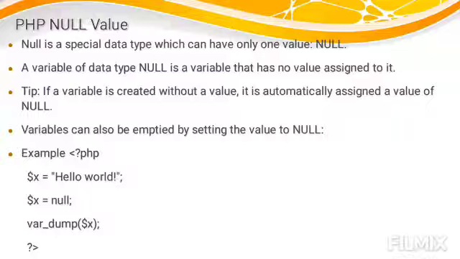A variable can also be emptied by setting its value to null. For example, $x is equal to null, which indicates that $x is a null variable having the value null, that is, nothing is assigned to that variable.